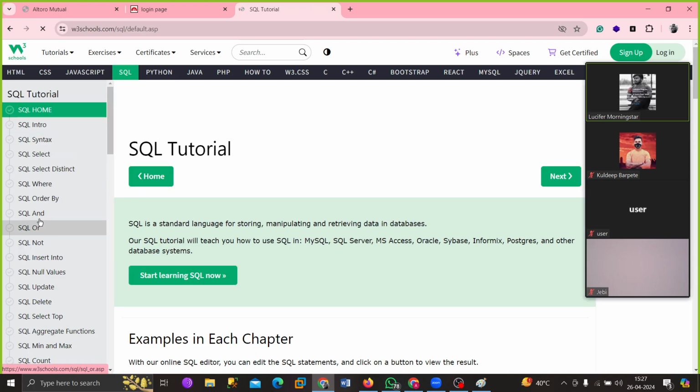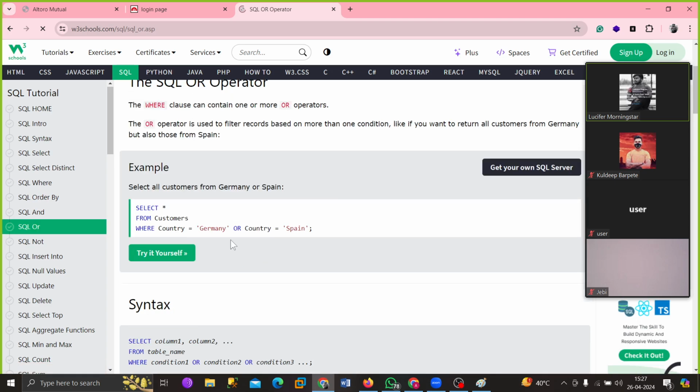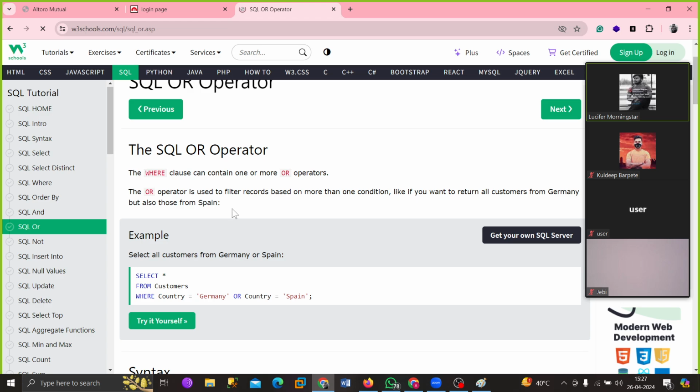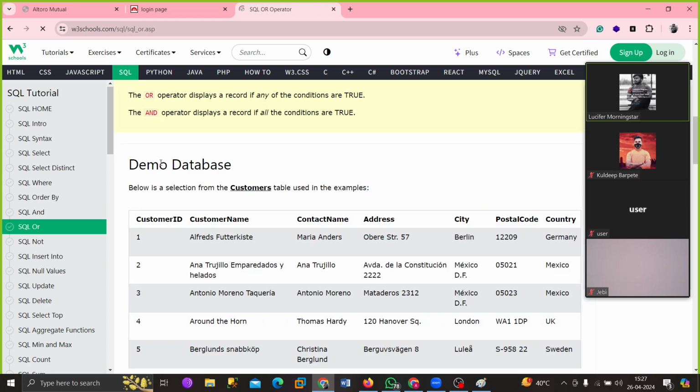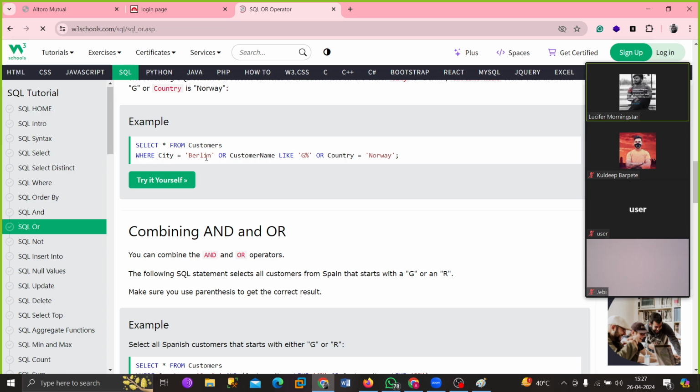If you learn about SQL, you know, it is a dump database or demo database that they are using, right? If you look at the code that they have built, select star from the customer table.